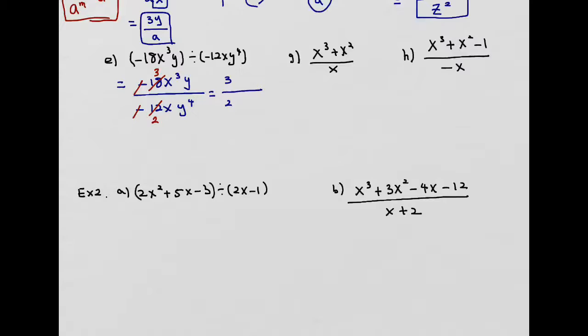Let's look at x. The numerator exponent is larger, so I will bring it to the numerator. It will be 3 minus 1, which gives you a square. So on the numerator, it will be x squared.